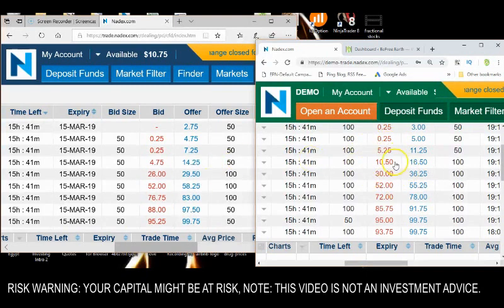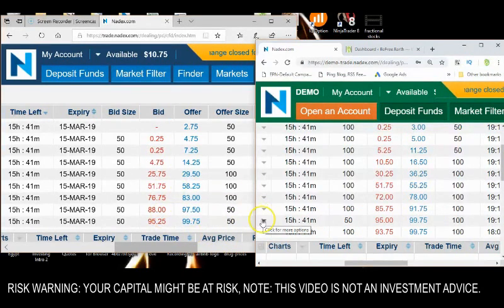So we'd only get $10 for an in-the-money trade here and only 475 on the live, which is a huge, huge difference. And now we can see right here that we have $83 in the money trade compared to a $78 in the money trade, which is also a huge difference. It's almost a quarter of a difference.